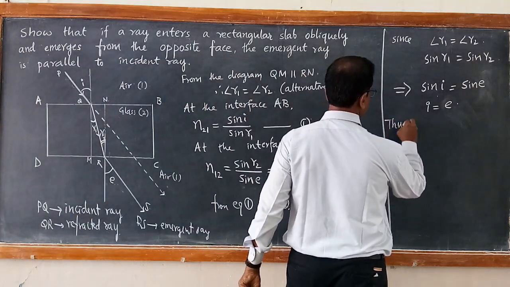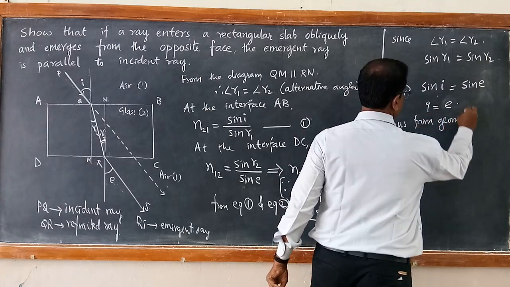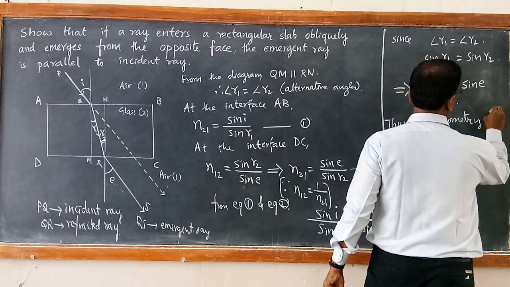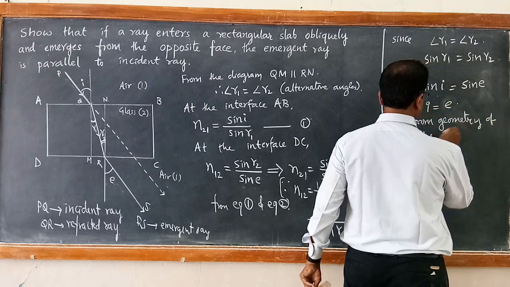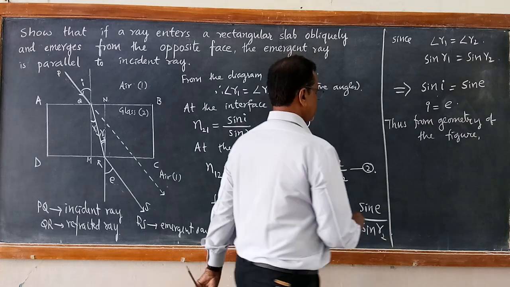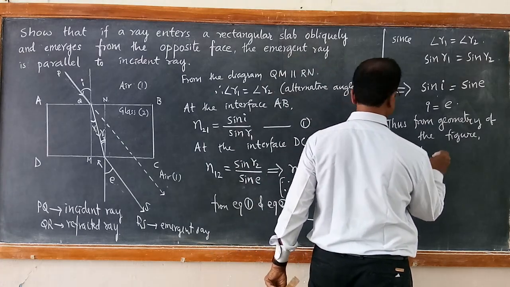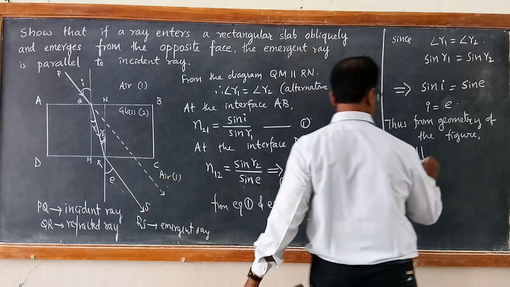Thus from the geometry of the figure, PQ produced is parallel to RS.